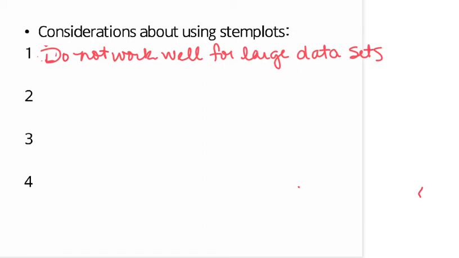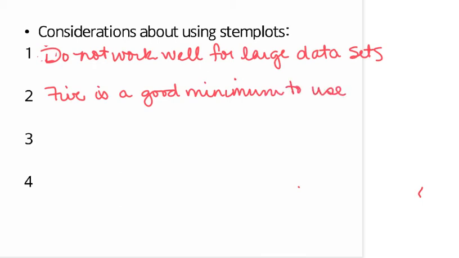Also, there's no magic number for stem sizes. 5 is a good minimum of stems. If you have fewer than 5, split it. If you don't have enough stems, you can't see a good shape on your distribution.